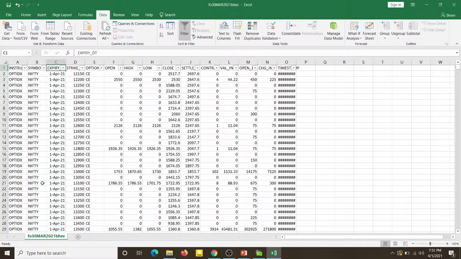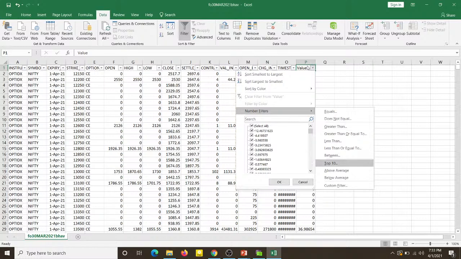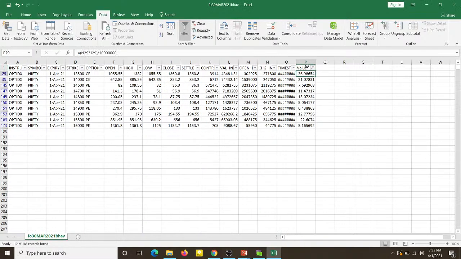Okay, now we have the data of 30th March as you see here, value, and the same formula, change in OI into settle price divided by 1 crore, correct? Now apply it, reset the filter and take top 10, correct?